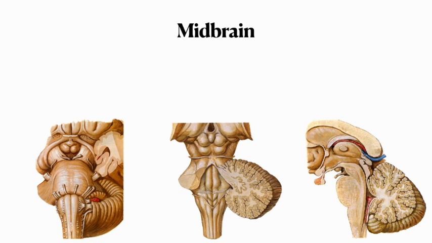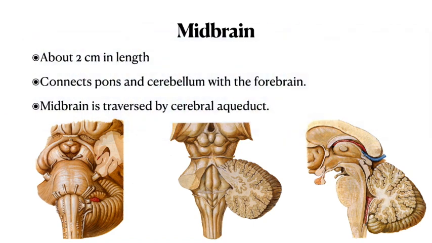Let's begin with midbrain. On this slide, starting from the left, we are looking at the anterior view, posterior view, and mid-sagittal view of the brainstem. The brainstem is about 2 cm in length. The brainstem connects pons and cerebellum with the forebrain.